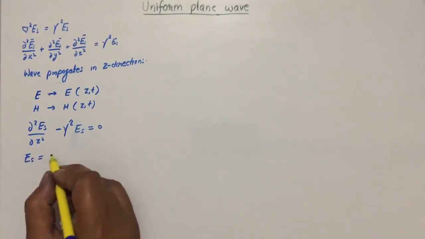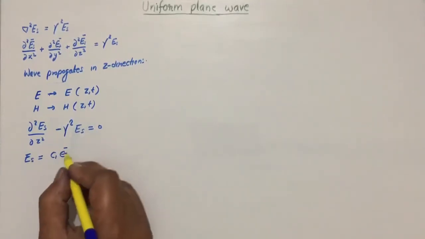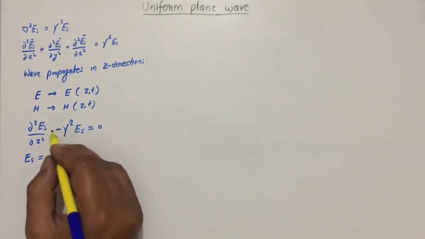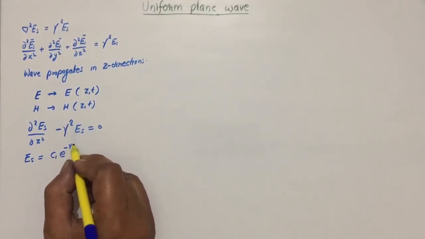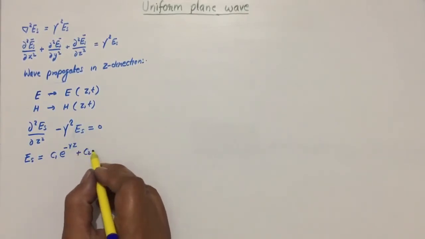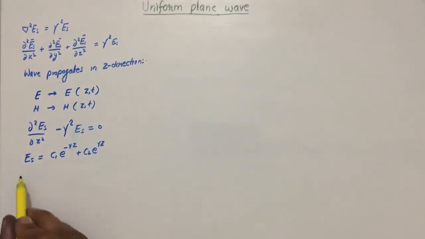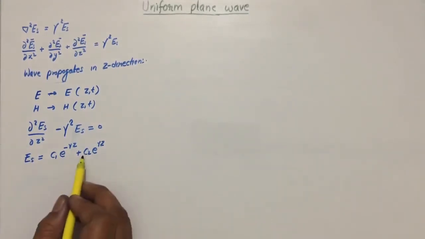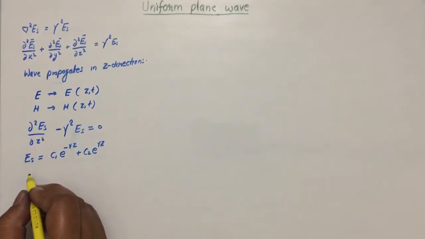If we solve this second order differential equation, we can find it in this form: E is C1, a constant, e to the power minus gamma z, plus C2 e to the power gamma z. To find the values of C1 and C2, so that we can find the value of Es, we apply the limits, that is, the boundary conditions.